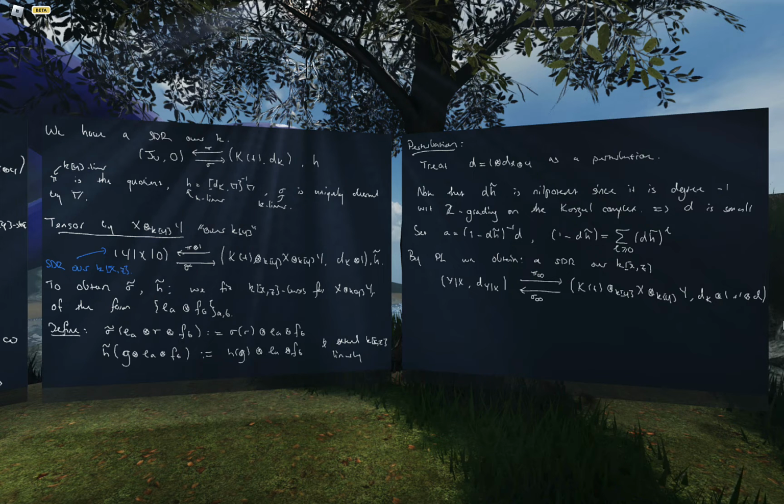Okay, so we've just mixed in the differential, I'll call the homotopy H infinity. And what are these maps given by?